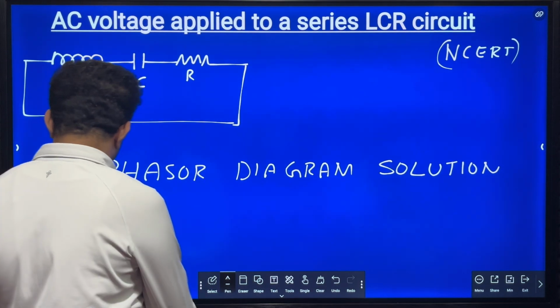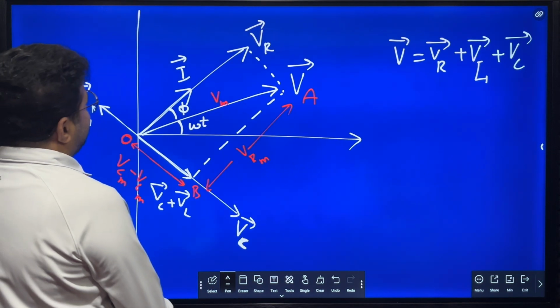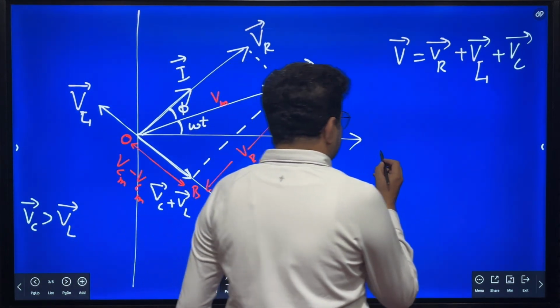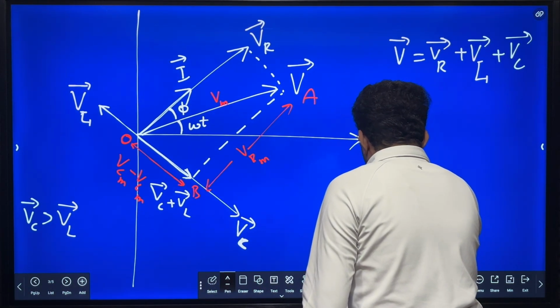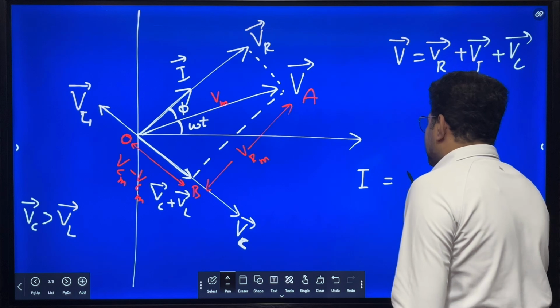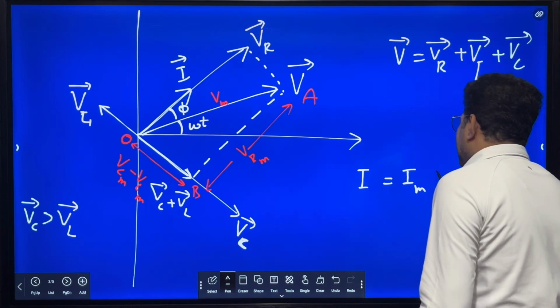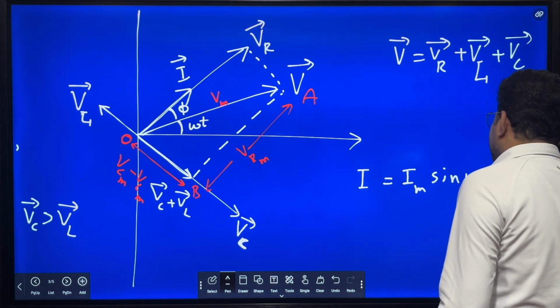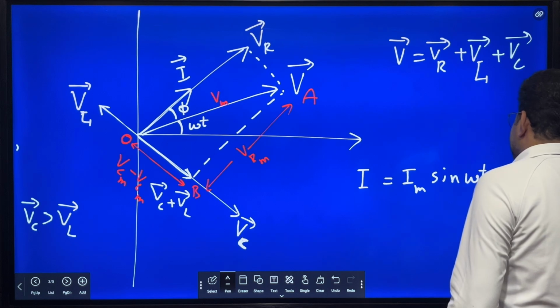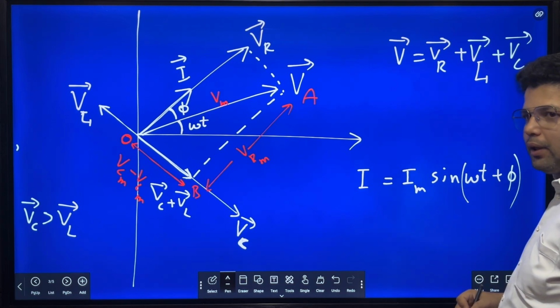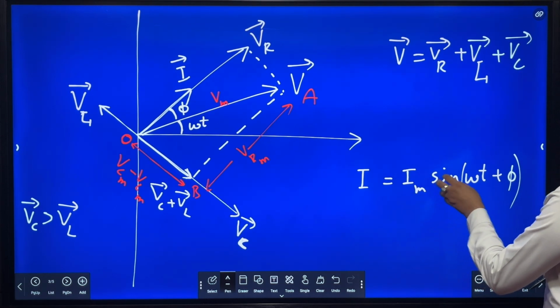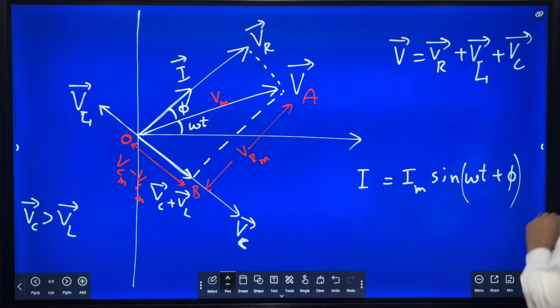So here the current value in the circuit, we have assumed it as I is equal to Im sin omega t plus phi.